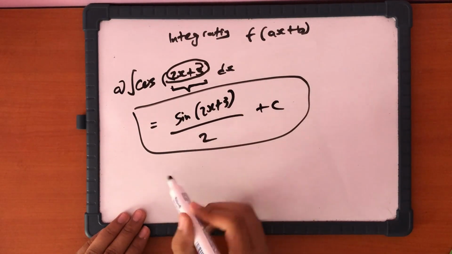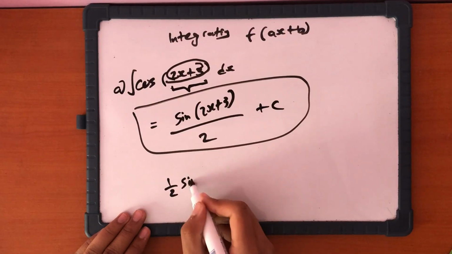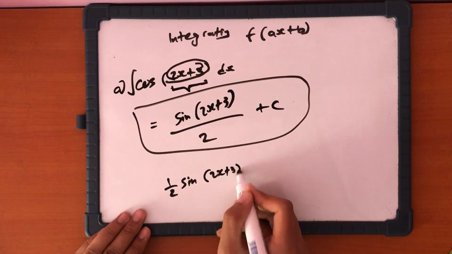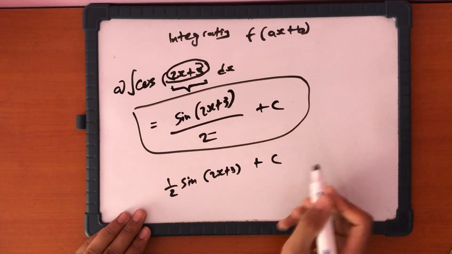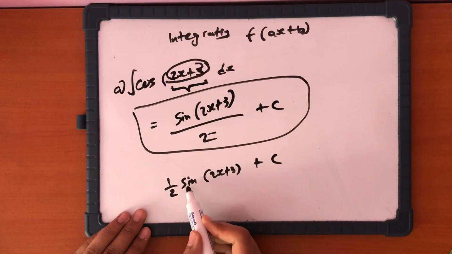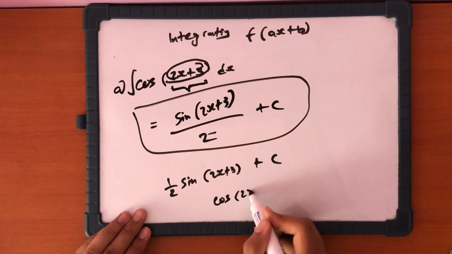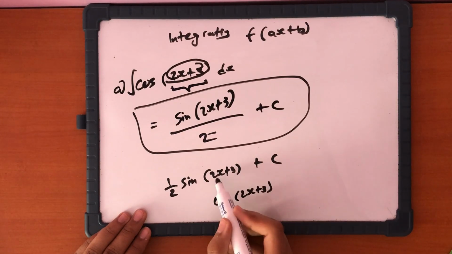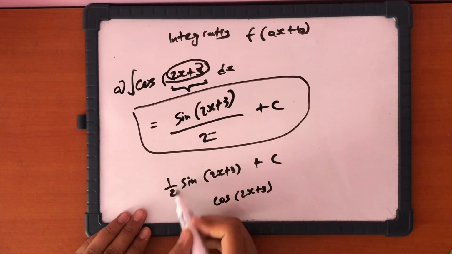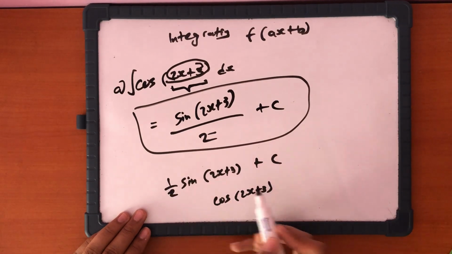It can be very confusing, but why this works is the same reason. Try differentiating half sine of 2x plus 3, which is exactly this. When we differentiate this, the outside function sine becomes cosine. The inside remains the same, 2x plus 3, and then we multiply by the derivative of the inside times this coefficient.